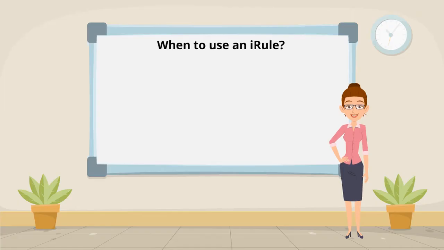So when would you want to use an iRule? Like I said, you would use an iRule when you want to redirect traffic, modify a URI, basically make something that the CLI or the GUI doesn't offer. So when would you not use an iRule? You wouldn't use an iRule if the GUI already provides that functionality.